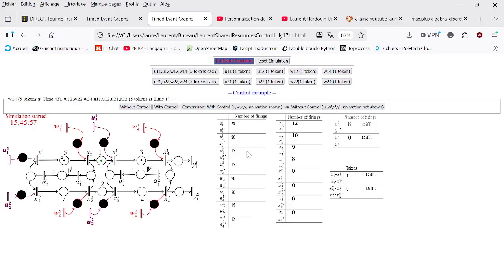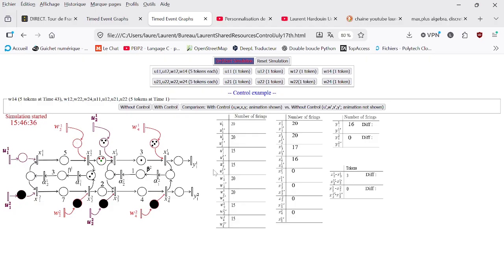This table represents the numerical values, the number of firings of each transition: for U, U1, U12, W, which is assumed to be uncontrollable, the internal transitions, and the output transitions here. Here I represent the difference between the instantaneous firings of this transition and this transition, and this transition and this transition. It represents the internal stock of this place. Here it is 2, and you can see 1 here, 3 here, 3 tokens, 2 tokens.